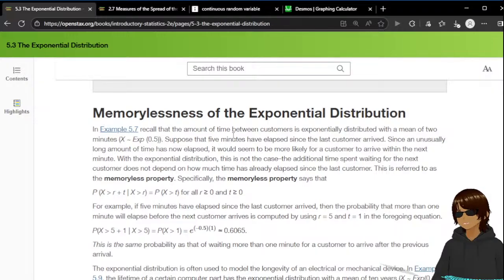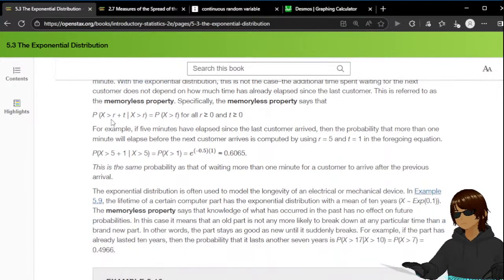With the exponential distribution, this is not the case. The additional time spent waiting for the next customer does not depend on how much time has already elapsed since the last customer. This is referred to as the memoryless property. Specifically, the memoryless property says that P(X more than r plus t, given X more than r) is equal to the probability of X more than t.